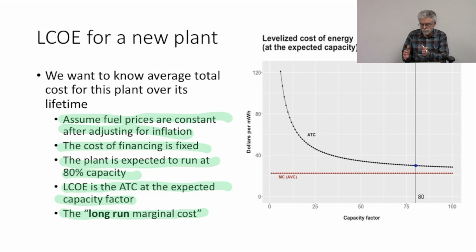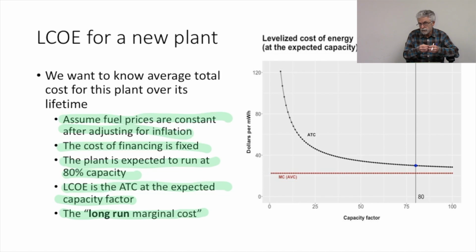So the levelized cost of energy is what would it cost me to change the design of this power plant and run that different power plant enough so I get 1 more megawatt hour of energy. So the levelized cost of energy is the same as the marginal cost of generating 1 more megawatt hour of energy with this power plant over the course of its lifetime.